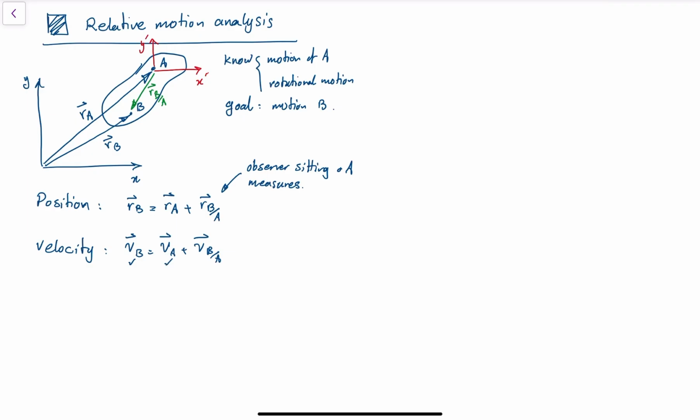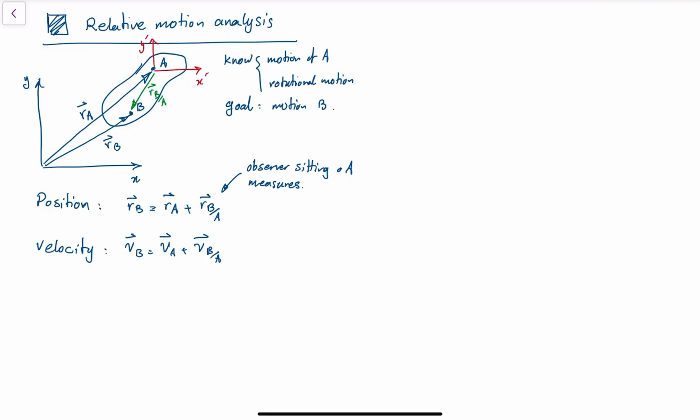This is what we know. What about V of B relative to A? And here is where the strength of this relative motion analysis shows up. Remember, we are dealing with rigid bodies. Rigid body means the distance of any two points remains fixed. In other words, the distance of B relative to A always remains the same.